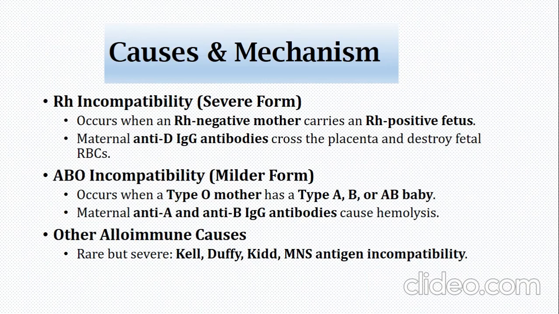On the ABO incompatibility, it occurs when the mother's blood group is O and the fetus's blood group is A or B or AB, with lesser severity than Rh incompatibility.